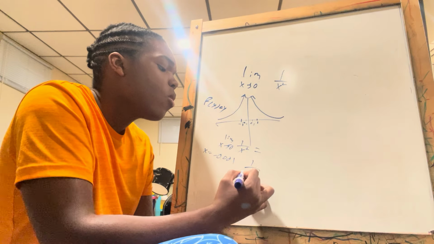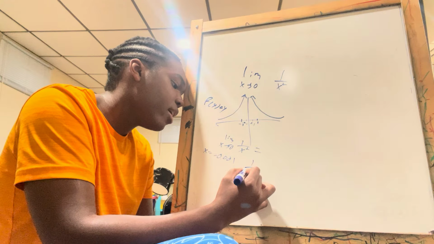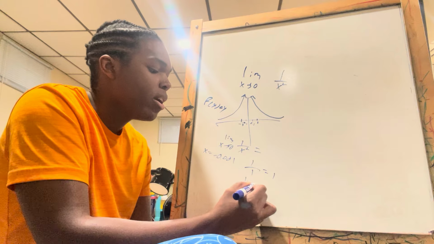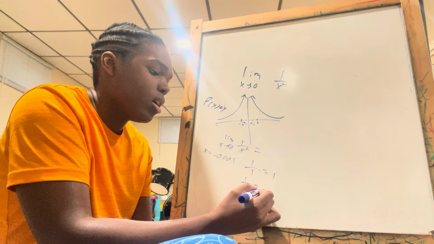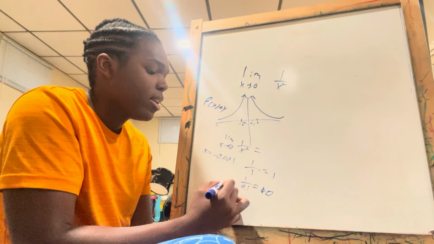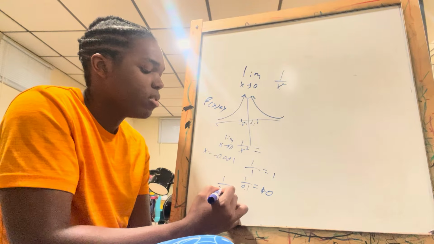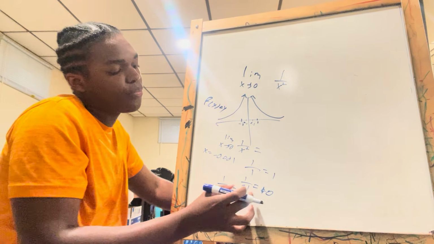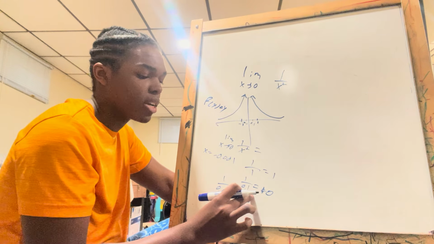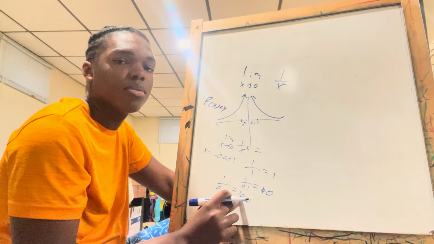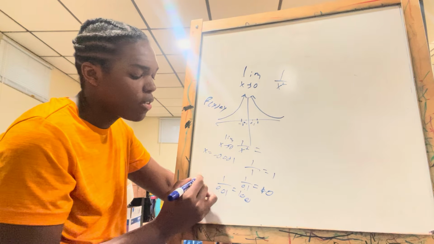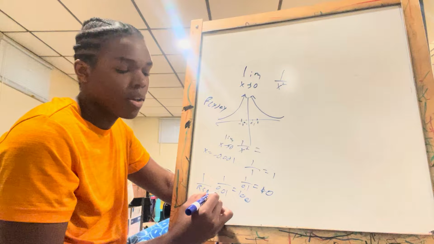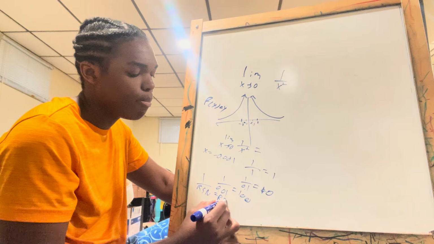Now, 1 over 1 equals 1, then 1 over 0.1 equals 10, right? Now, 1 over 0.01 would equal 100. So as this number at the bottom shrinks, the number that comes out gets bigger. So if 1 was over a really small number, it would equal a really big number.